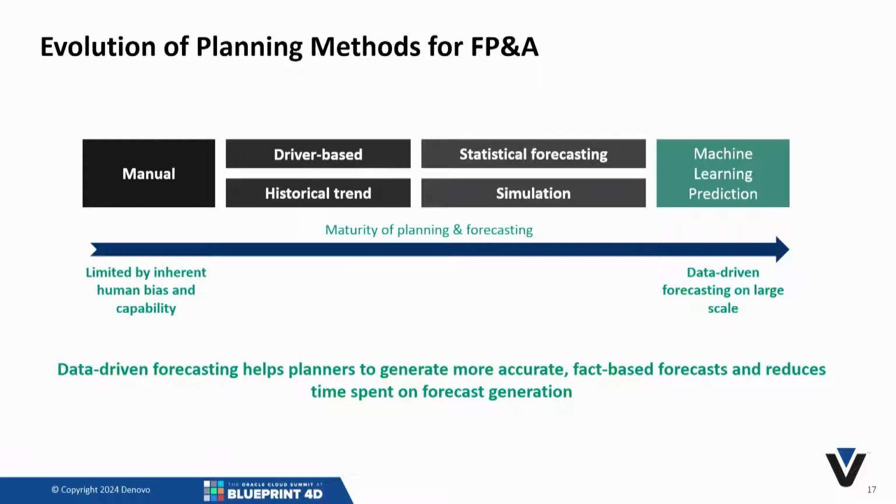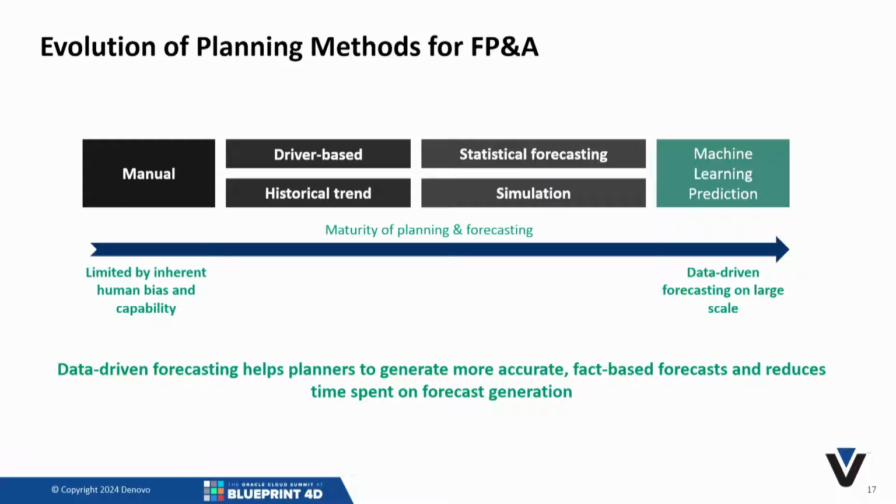So this is a little bit about the evolution of the planning methods. And I think a lot of us had been on the manual and driver-based planning methods for quite some time, then a little bit more on the statistical over the last 10 years, maybe plus, and simulations as well.